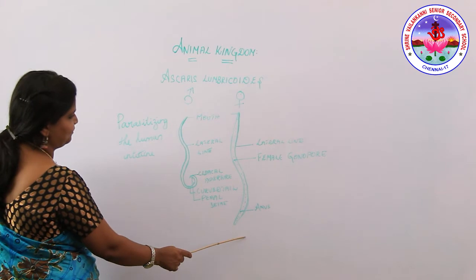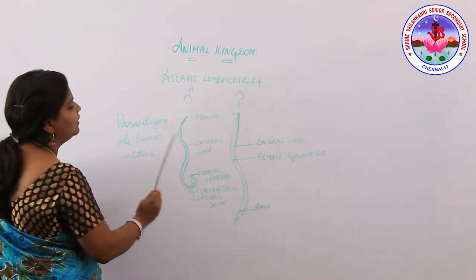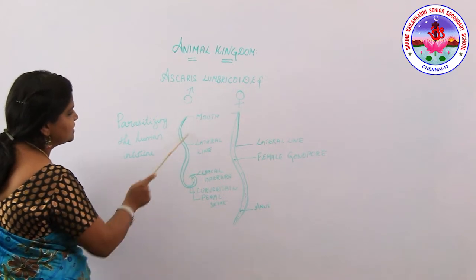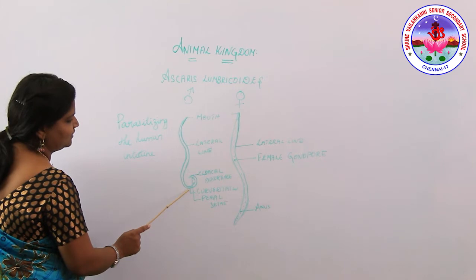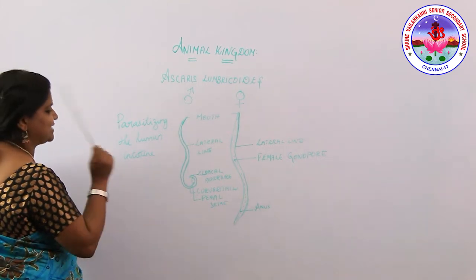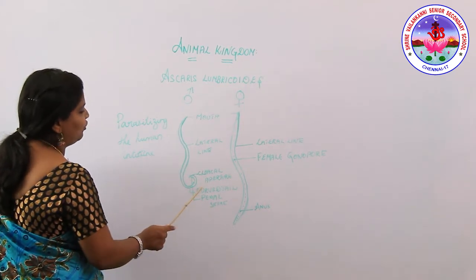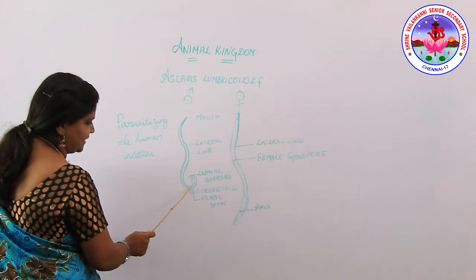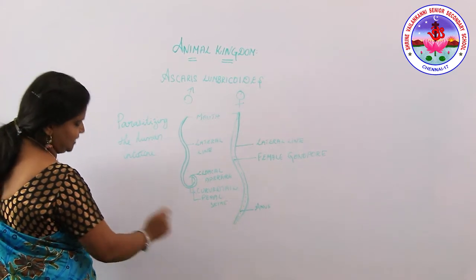The female is long. The most important feature for separating male and female Ascaris is that the male has a curved tail, while the female has a straight tail. This is the second identification of male and female. Here will be the curved tail and here the straight tail.